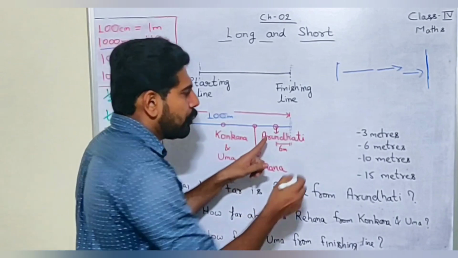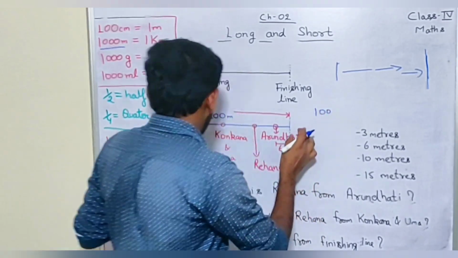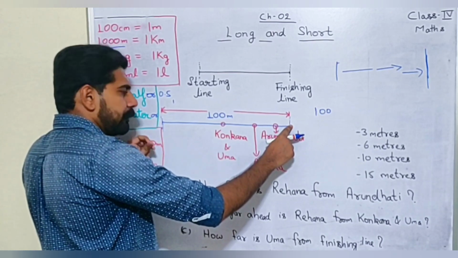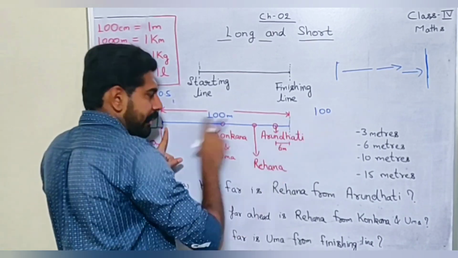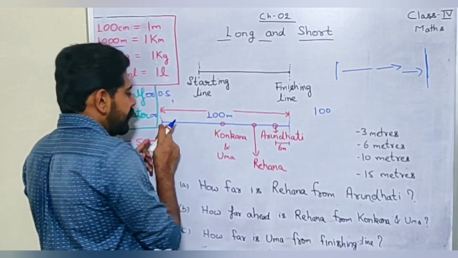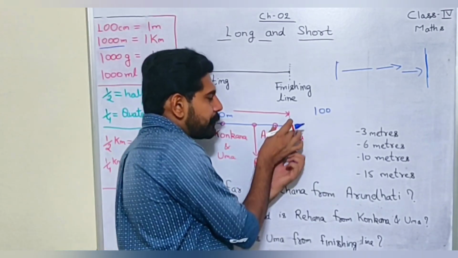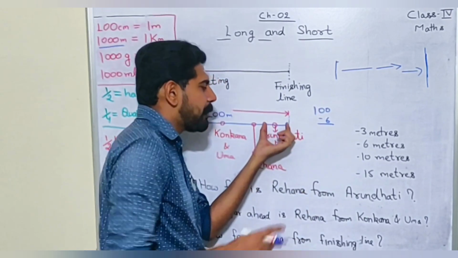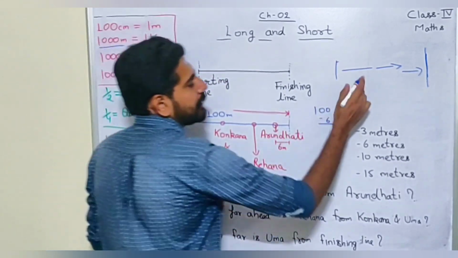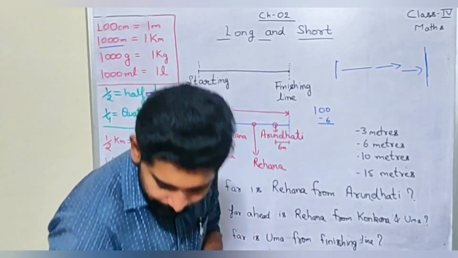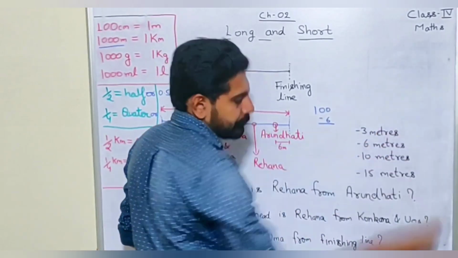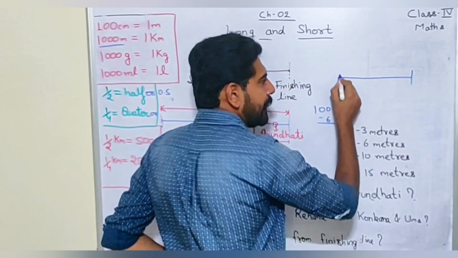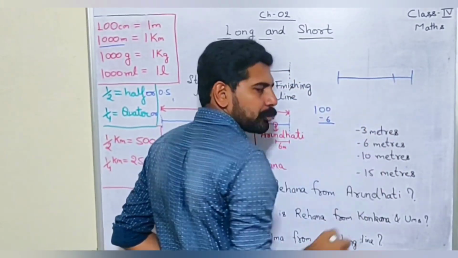Look, the total distance of the finishing line from the starting line is 100, from here to here. She has not run this part. That means if we subtract this part from this total like this, this is the finishing line, this is the starting line, this is Arundhati.